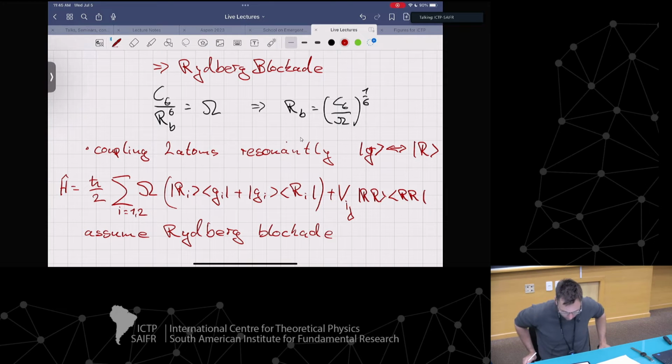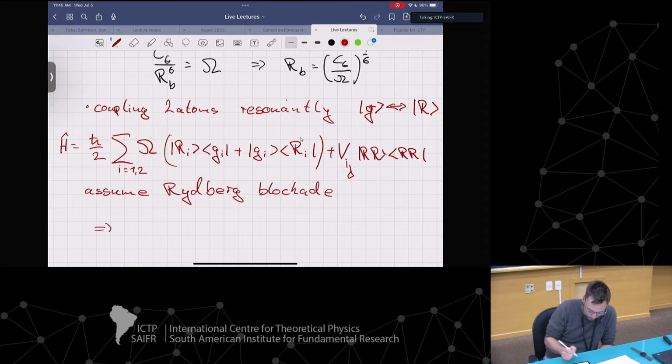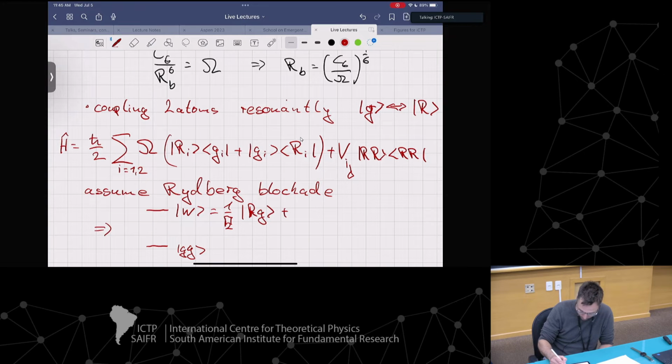Actually, it turns out that you excite a symmetric superposition of the two atoms. So this becomes basically both atoms in the ground state, and then the upper state is the W state, which is the symmetric superposition of Rydberg-ground plus ground-Rydberg.